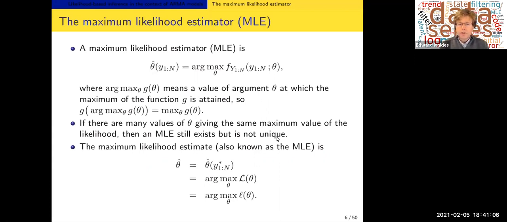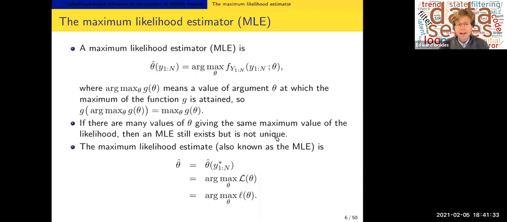Now, you can do this for any y1 through n. We're going to be particularly interested in evaluating the maximum likelihood estimator at the data. We're also going to be interested in looking at statistical properties: what happens when you evaluate the maximum likelihood estimator at a draw from the probability model.